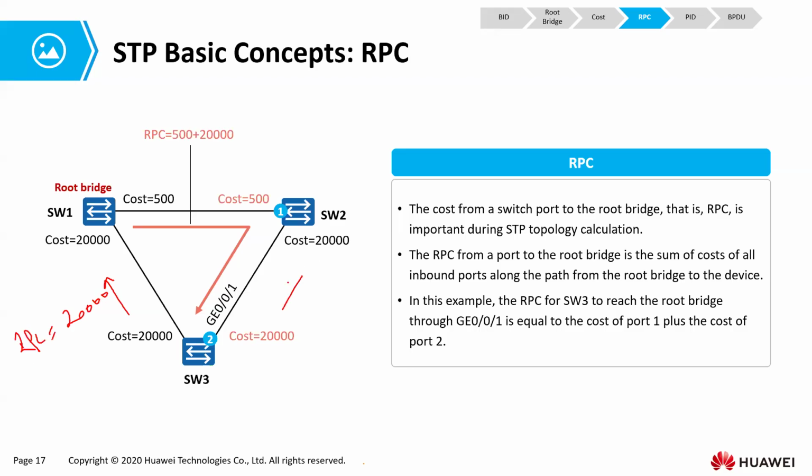If I go from here and go the other way around, I come this way to reach here. The cost is 500 plus 20,000. That's how you find the RPC. By definition, RPC is the cumulative value of all the port costs in a given network.